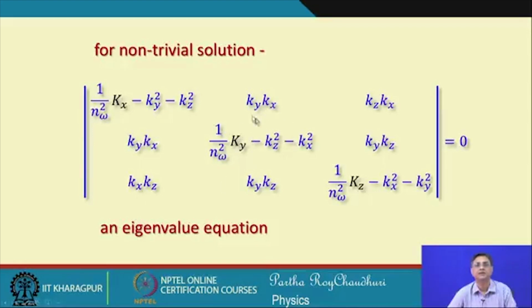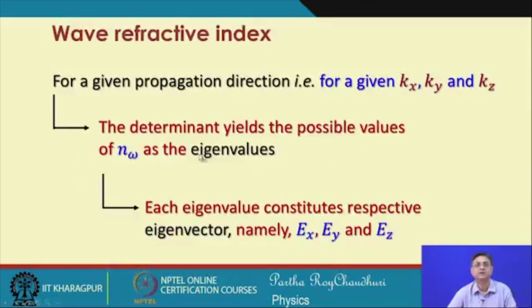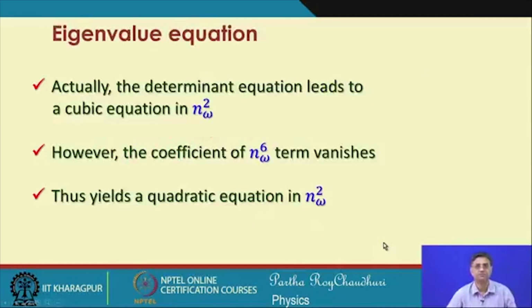So, knowing this direction and knowing the property of the medium, we can find out the values of n omega with respect to that direction of propagation. Each eigenvalue constitutes the respective eigenvectors, the Ex, Ey and Ez electric field components.